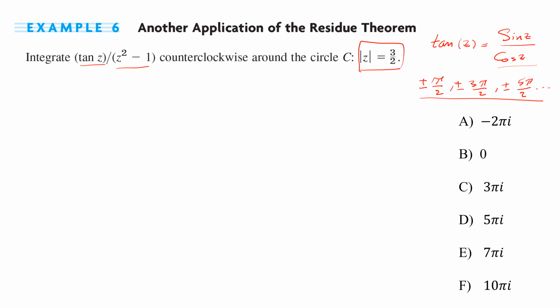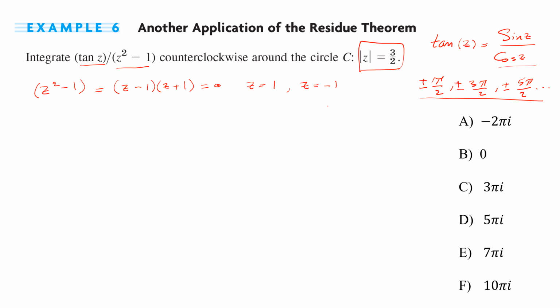So the only problem is with z squared minus 1 that's in the denominator. And so z squared minus 1, as you mentioned, is z minus 1 times z plus 1, right? If you set that equal to 0, you get z equal to 1 and z equal to -1.